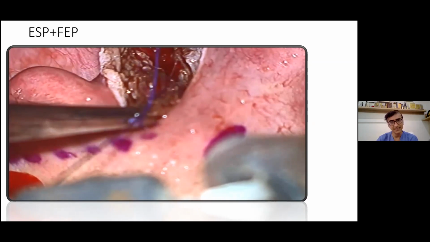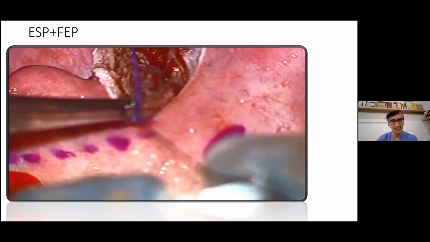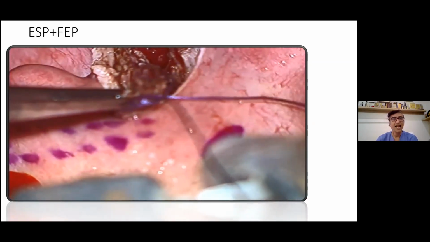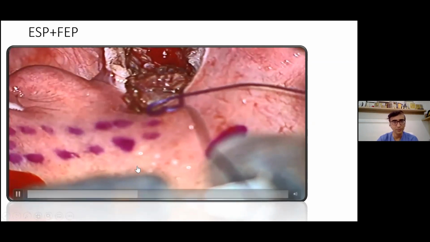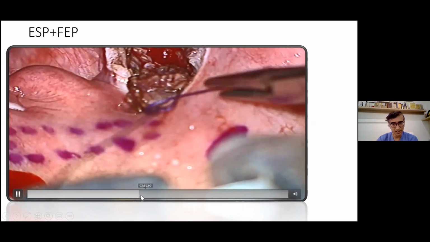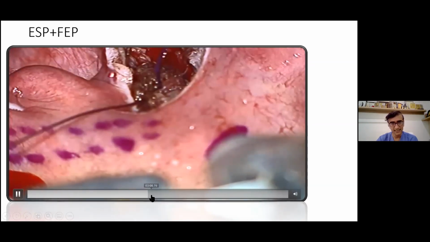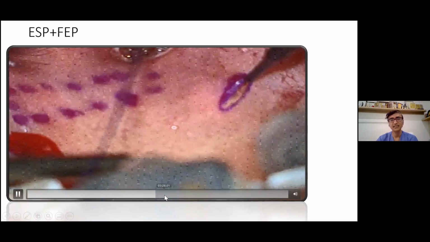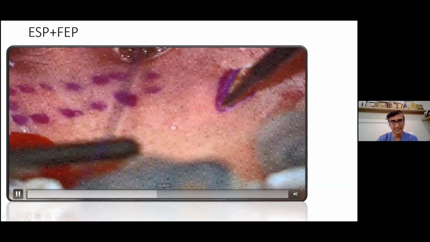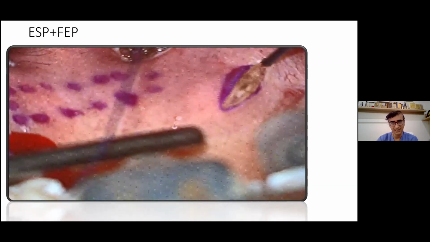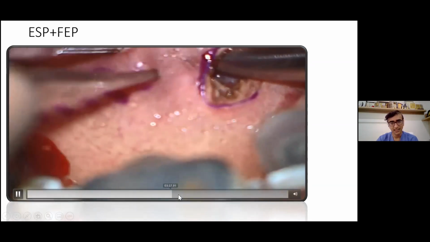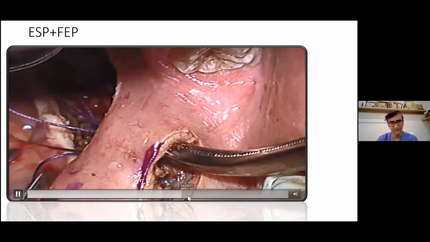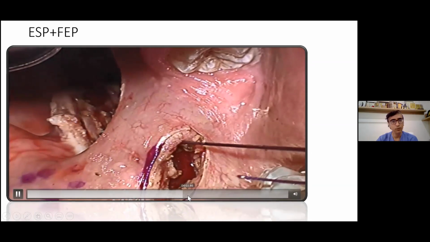You use the same 3-0 vicryl or a 2-0 vicryl, and your surgical colleague will help you to keep a traction of it. Once this is done, an incision is made at the pterygoid hamulus and you put in a curved hemostat and pull it.